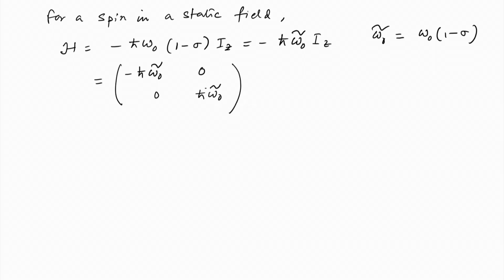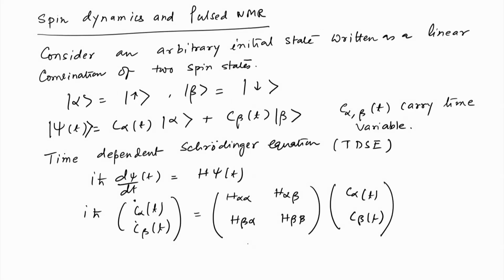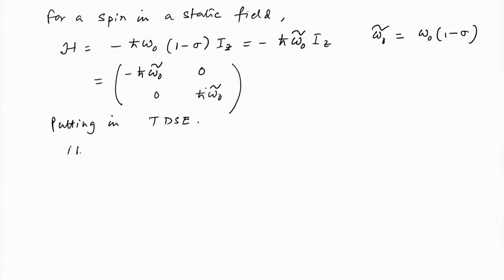It is easy to diagonalize such a Hamiltonian or put it into the time dependent Schrodinger equation. So, it is i h cross times C alpha dot and C beta dot.